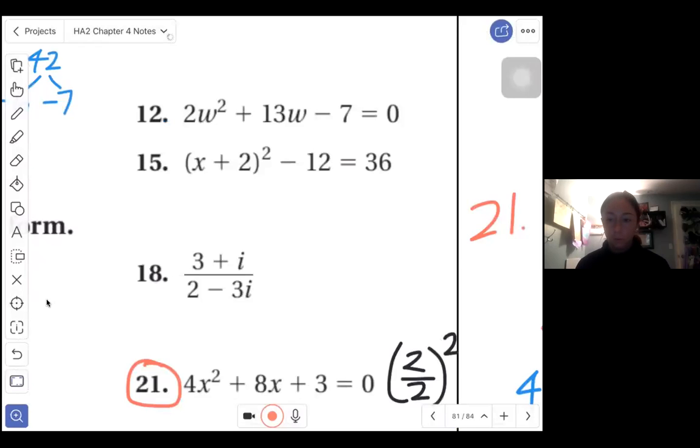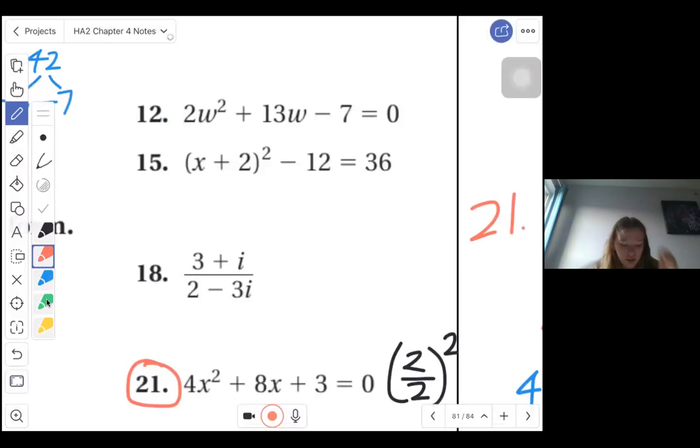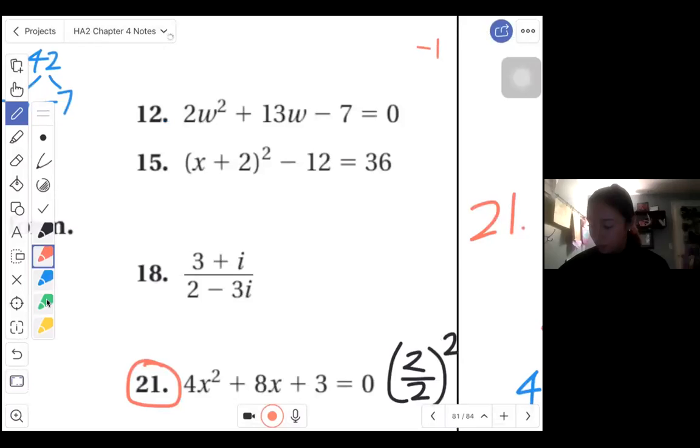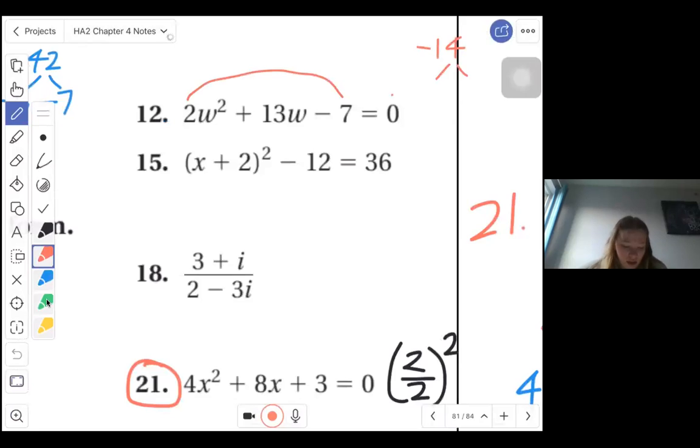For 12, Madison, what approach did you use to solve? I also factored this one. So I got negative 14 and 1, and then you have to pull the 2w out of the first one, and then you put w minus 7 for the first parentheses, and then 1, and then w minus 7 for the second.